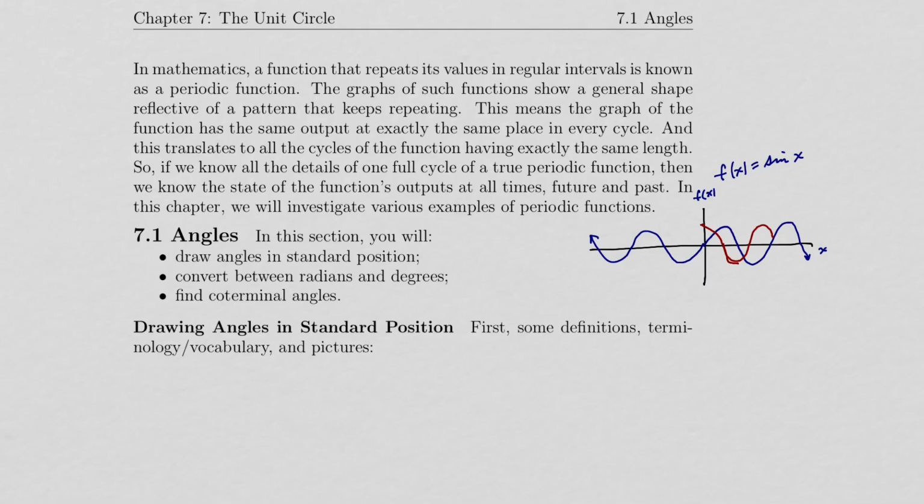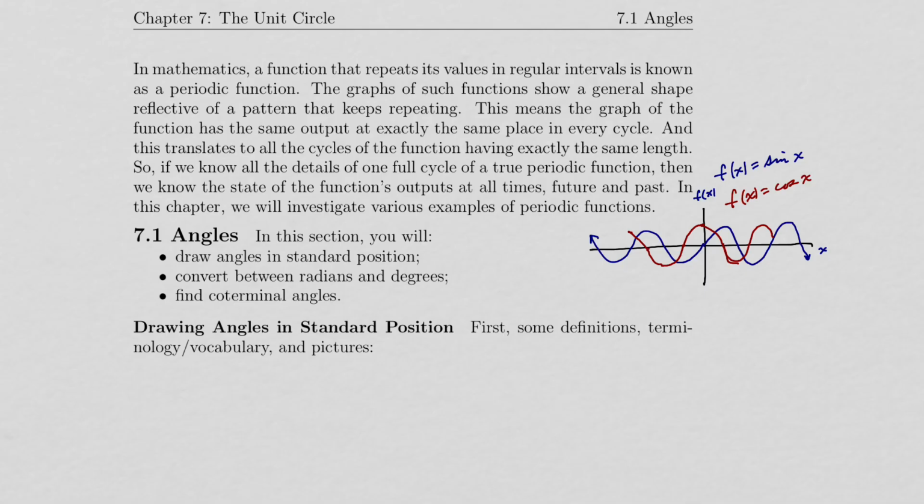So it's shifted by, it's hard to draw this exactly. So let's see. If this is where it should be 0, this is going to be the minimum, this is going to be 0, this will be the maximum, and so on. Okay, so again, it's just another function. So the red one is f of x equals cosine of x. It just oscillates, so the function repeats itself again and again and again.